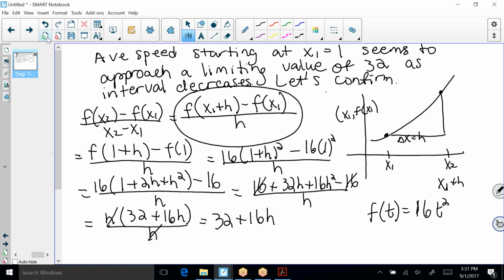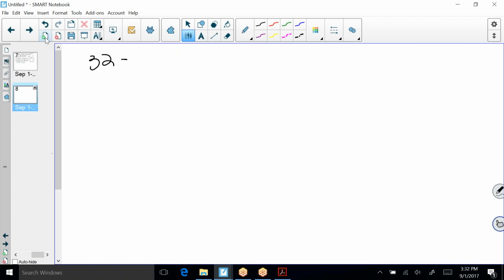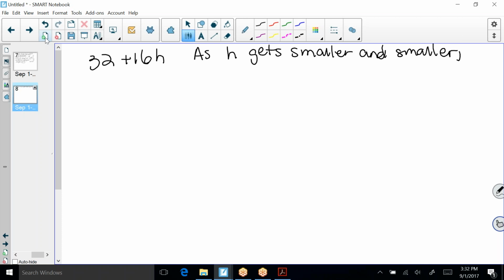So then we said before that the limiting value was 32, and we can see why that's true, because as we make h small, so as we, let me go to a new page here, otherwise it's too crowded there. So we have 32 plus 16h, so as h gets smaller and smaller, so we're getting really close to 0, but not exactly 0, so we're getting h to be 0.00001, something like that.